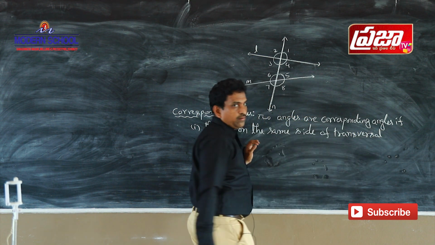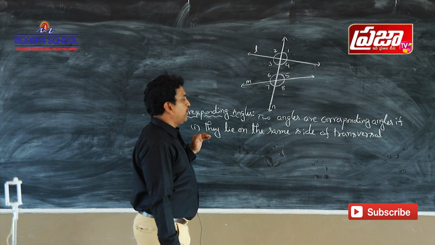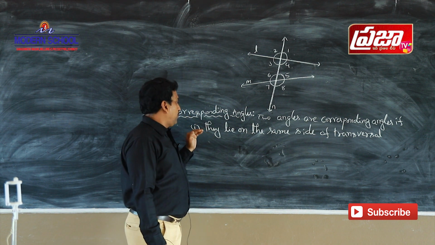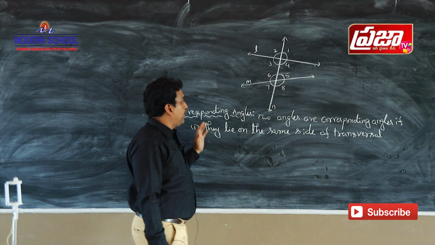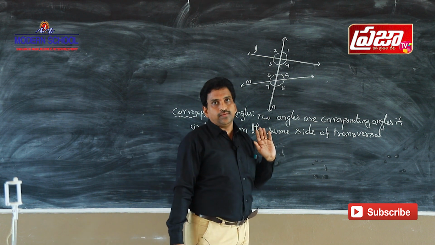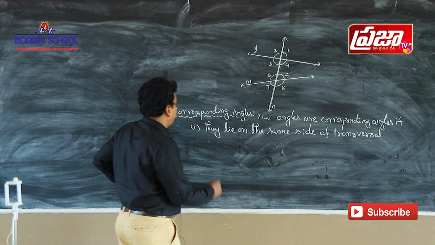What is the first point? How to recognize the corresponding angles? The first point is the corresponding angles lie on the same side of transversal.